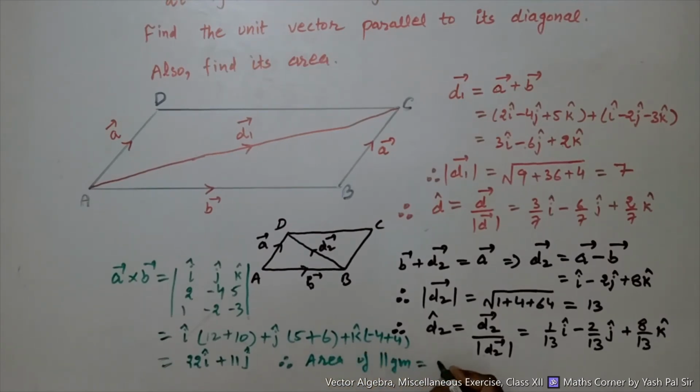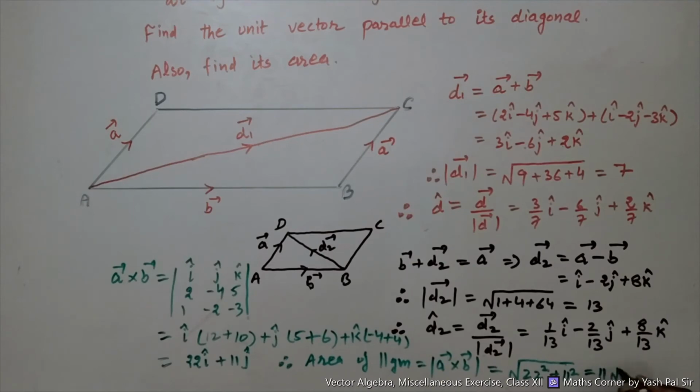of the parallelogram is equal to the magnitude of the cross product A cross B, which is equal to the square root of the coefficient of i, 22, its whole square, plus the coefficient of j, 11, 11 whole square.